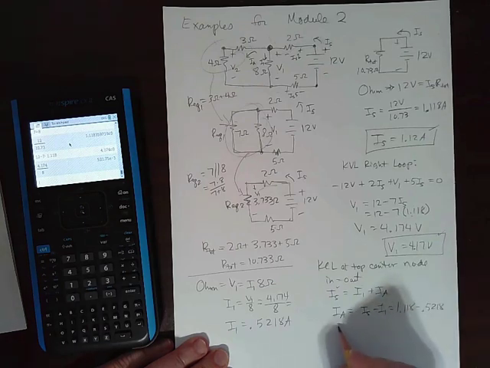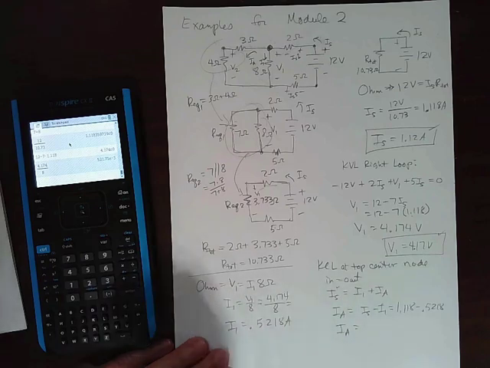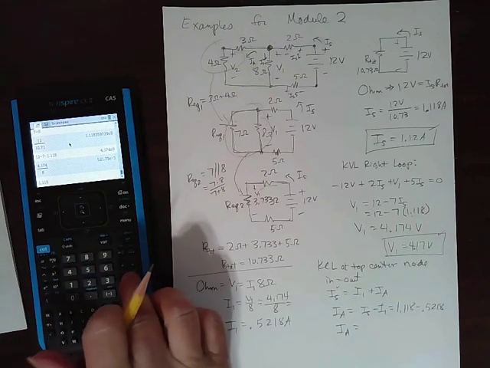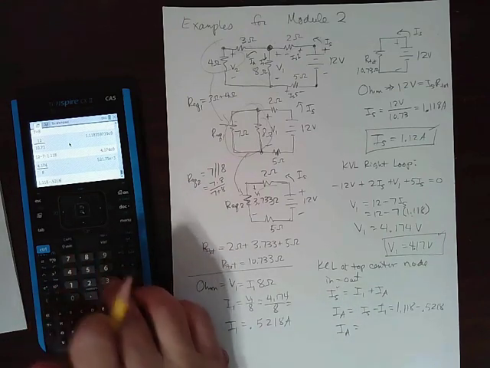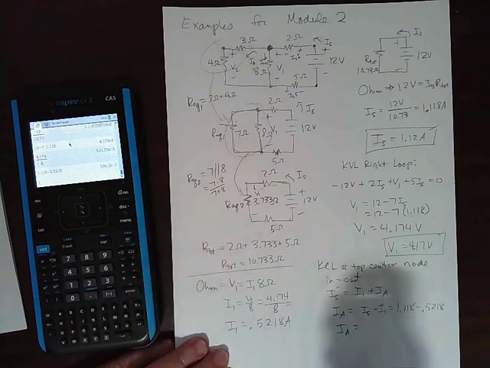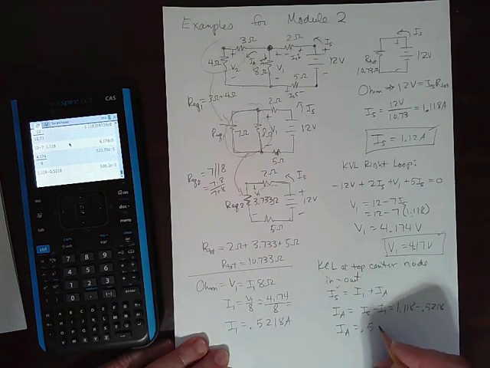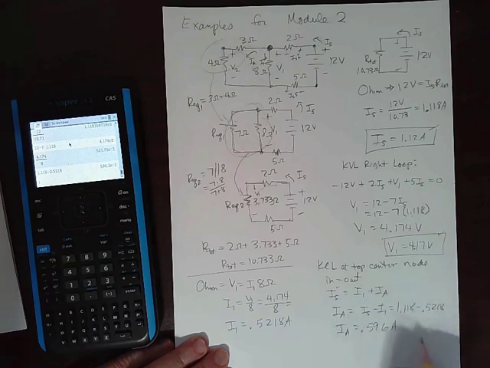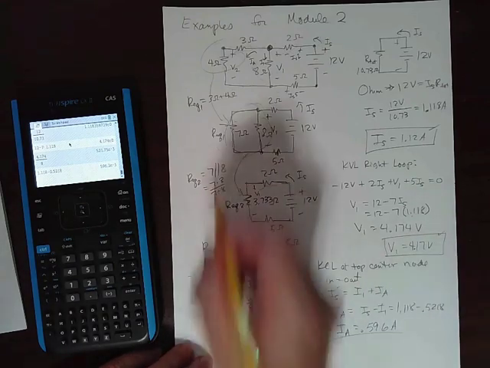Too many sig figs, but anyway. So IA is 0.596 amps. Okay? Not anything we were asked for, but now we can get V2, right?